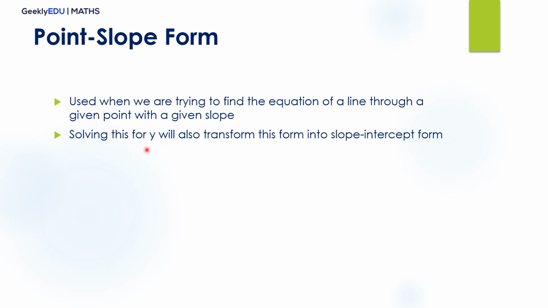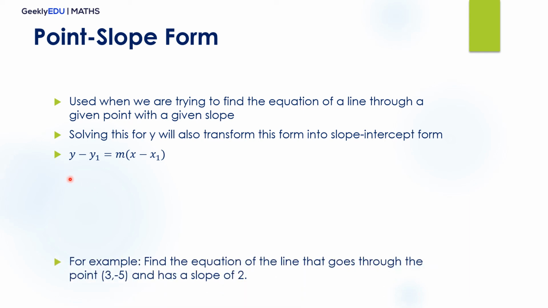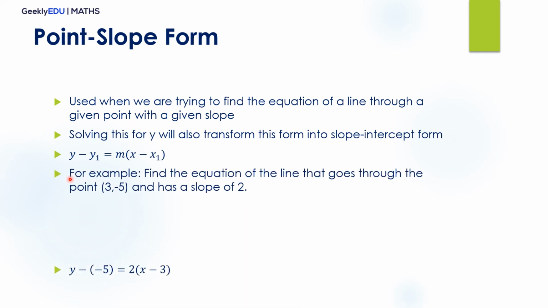Solving this for y will also transform this form into slope-intercept form. So the formula for this looks like this. y minus y1 equals m times quantity x minus x1. So here, the x1 and the y1 are actually the coordinates of the point given in the problem.